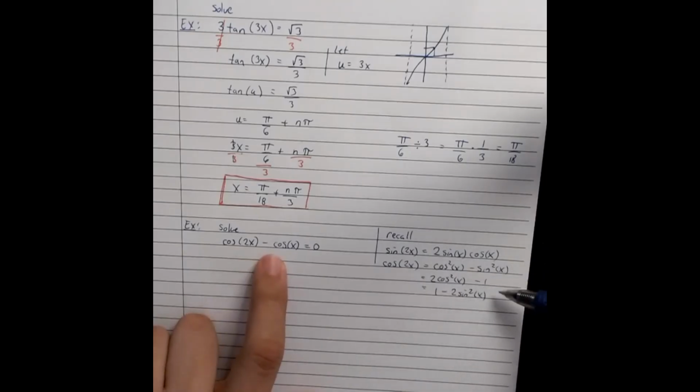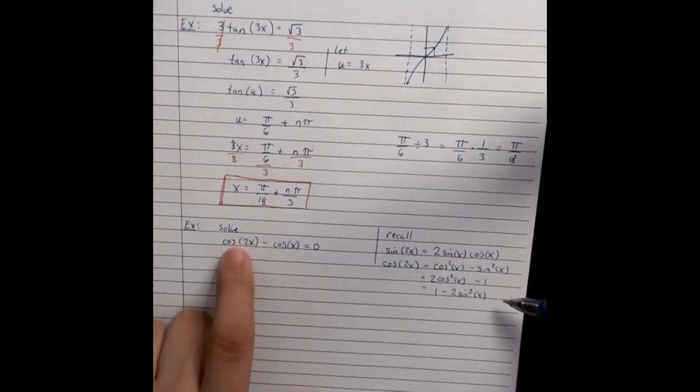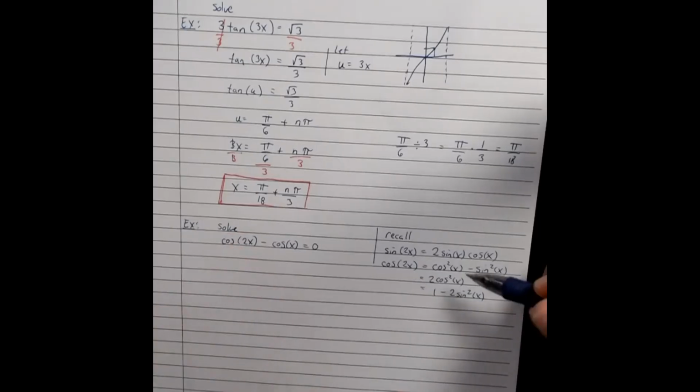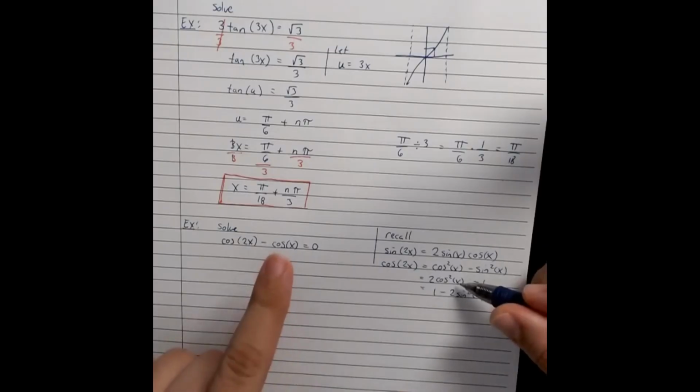Now, I notice that here, once I get rid of this one, or rather, change this one, I'm going to have minus cosine of x. So since I have 3 different choices, I think I'd rather choose this middle one, because this top one and this bottom one both involve sine of x, but this one only involves cosine of x. And the fewer things that I have to worry about, the less work I'll have to do. All right? So here, I could use any of them. They all are valid. But by using this one, I'll only have to worry about cosine of x and cosine squared of x.